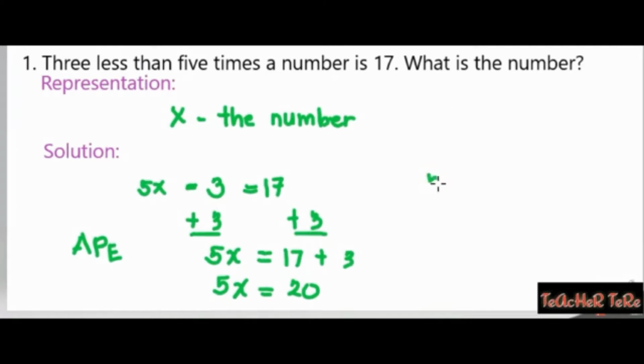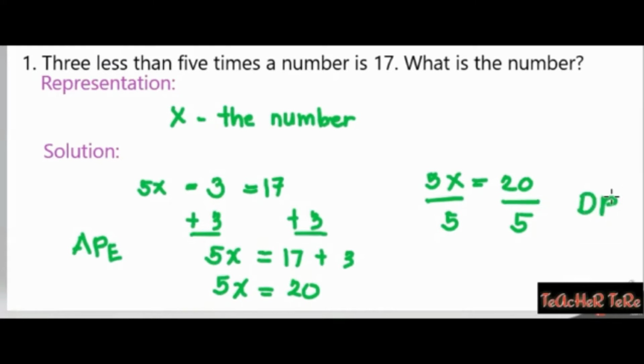So let's have this one. If we have 5x, which is equal to 20, I want to solve for x now. It's being multiplied by 5. Naka-multiply siya sa 5. So what I will do is I'll divide it by 5 to remove it. Why? Again, I divided 5 on the left side and divided 5 on the right side.